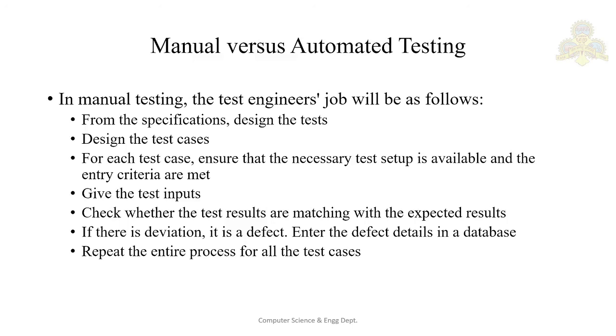You have to remember here, whenever a defect is found and reported, say the tester has entered the details in the defect tracking tool or a database, it is the developer's duty to fix that defect, and once the developer fixes it, it is again the tester's job to retest the defect and mark whether it's working or not.